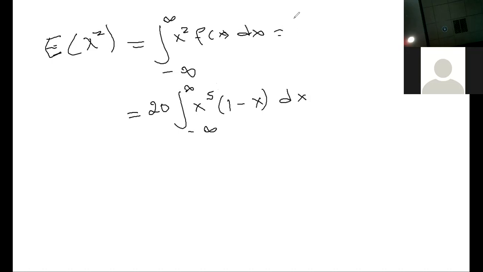So I can write here negative infinity to infinity, x squared times x cubed, 1 minus x dx.